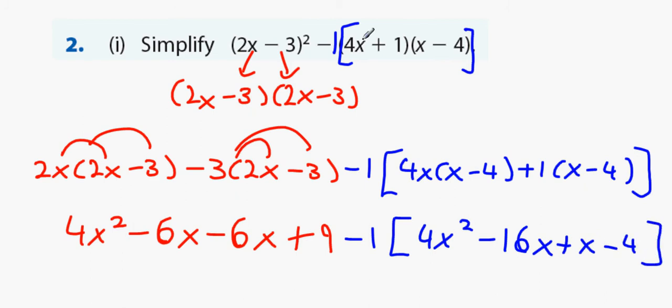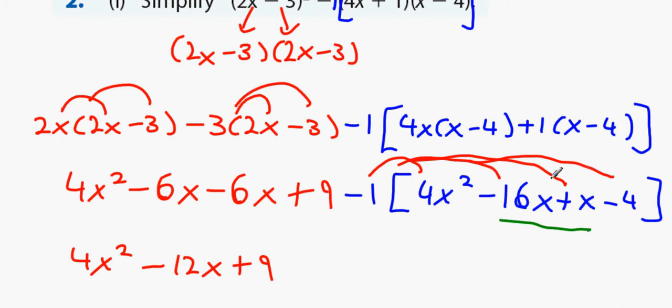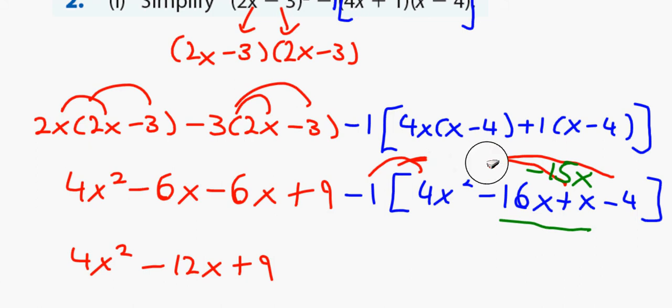All you've got to do is multiply this in by minus 1, and what we're going to be left with is this. We're going to be left with 4x squared minus 12x plus 9, and this here is the same as minus 15x, so the minus 1 will just get multiplied by the minus 15x here, so that's what we'll do here.